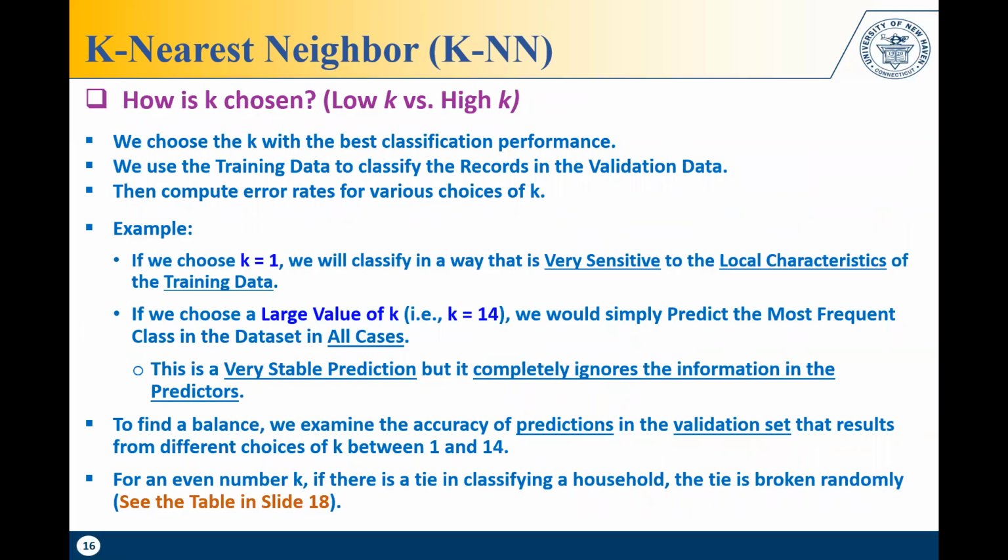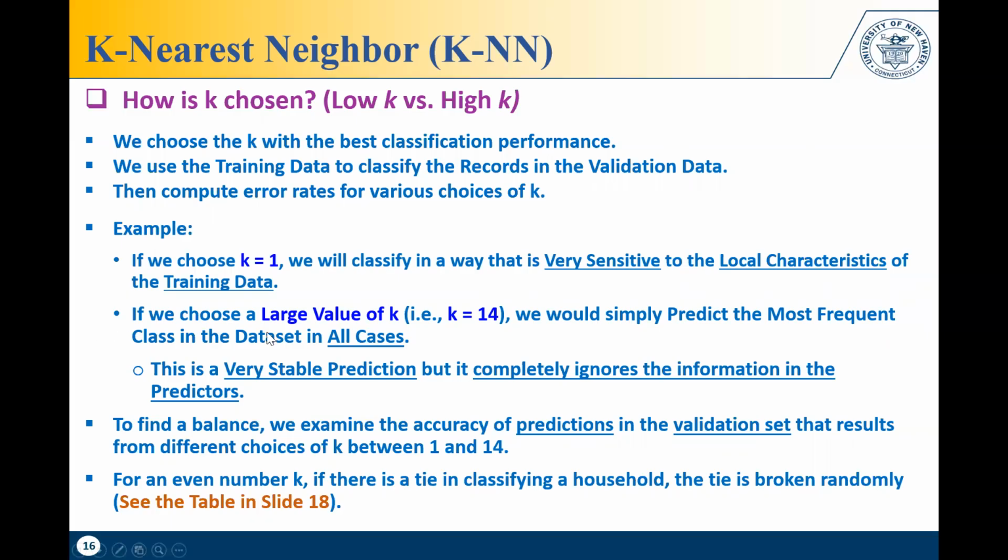Now the question is, how do we select K? And the answer is we choose the K with the best classification performance. And remember, we use the training data set to classify the records in the validation data. Then we calculate the error rates for the various choices of K. For example, if you choose K equal 1, we will classify in a way that is very sensitive to the local characteristic of the training data, because we are looking for only one class that is the closest class to the new record.